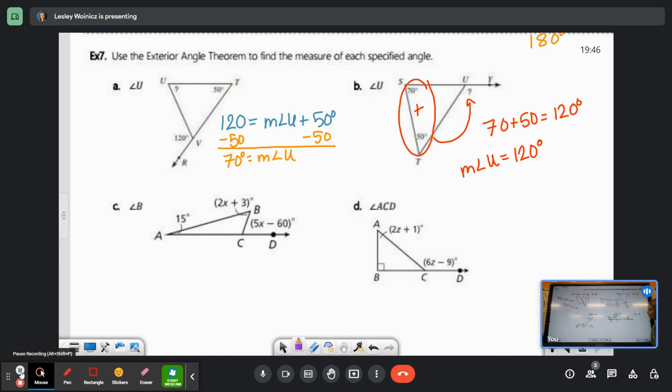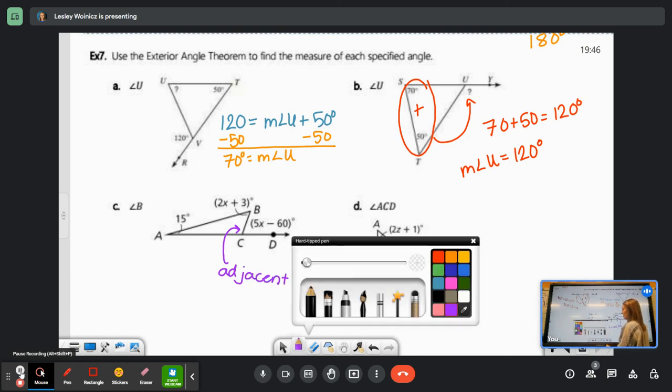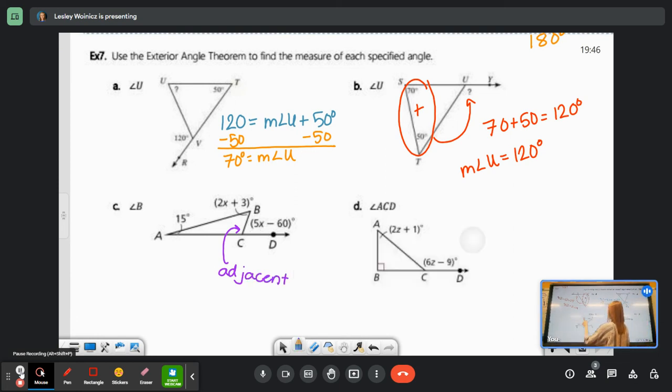Okay, so these look awfully close together, these two, but this one right here is the adjacent. Let's just label it adjacent. Okay, so even though that side is really short, this is still remote, and this is still remote.